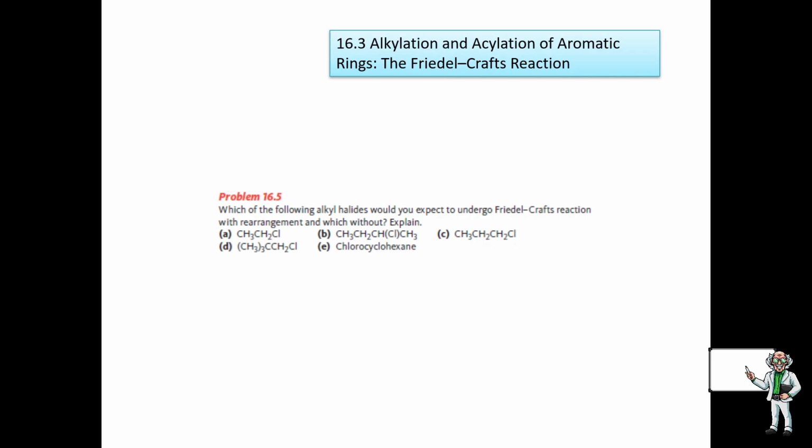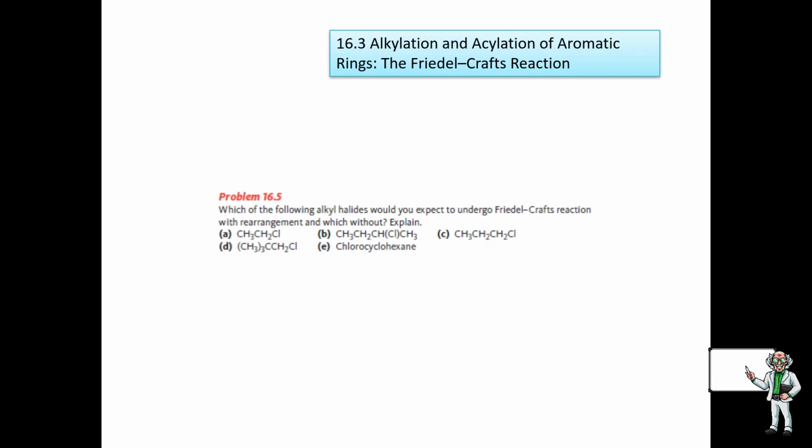The third one is clear. This is a primary carbocation when we remove the chloride, and this will rearrange to form a secondary carbocation that is by far more stable. The next one will also form a primary carbocation that will also rearrange to get a more stable carbocation.